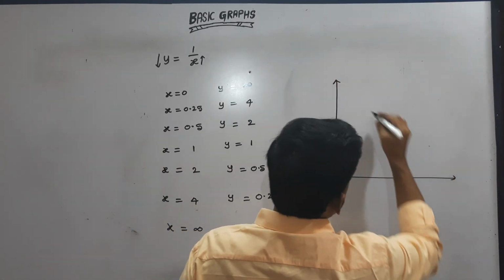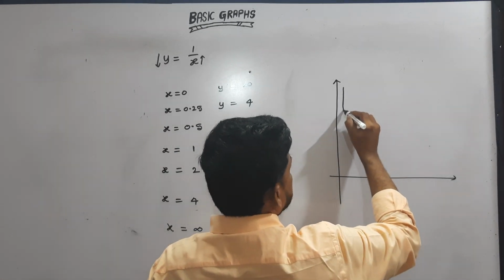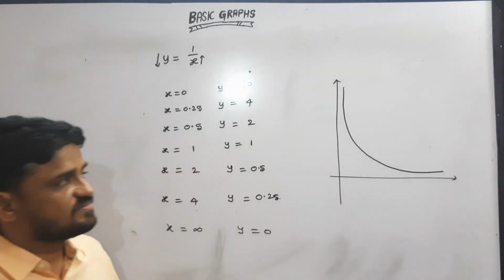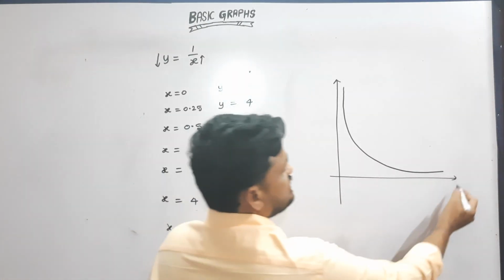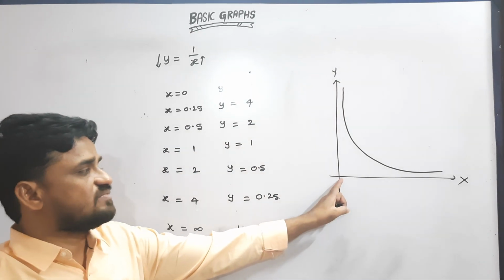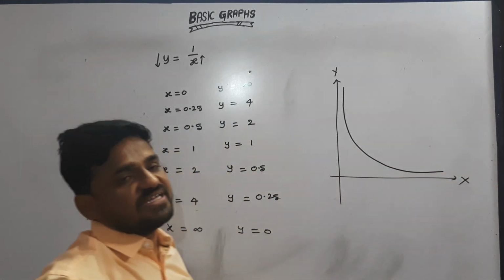The graph is like this. Rectangular hyperbola. If you plot a graph between x and y, if x equal to 0, y value is infinity. At y equal to 0, x value is infinity.